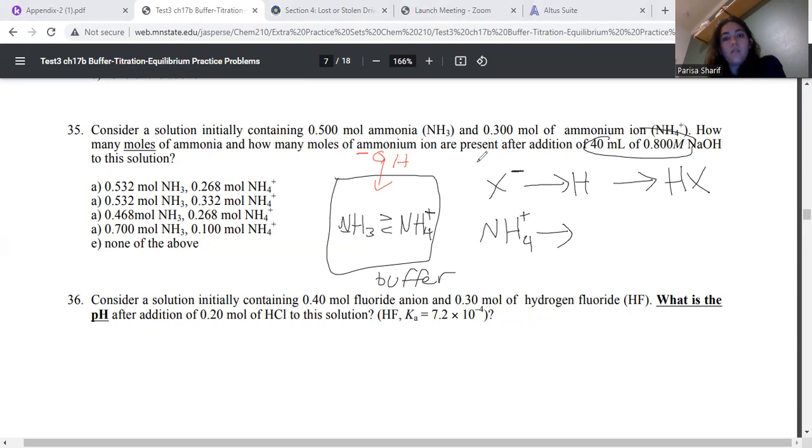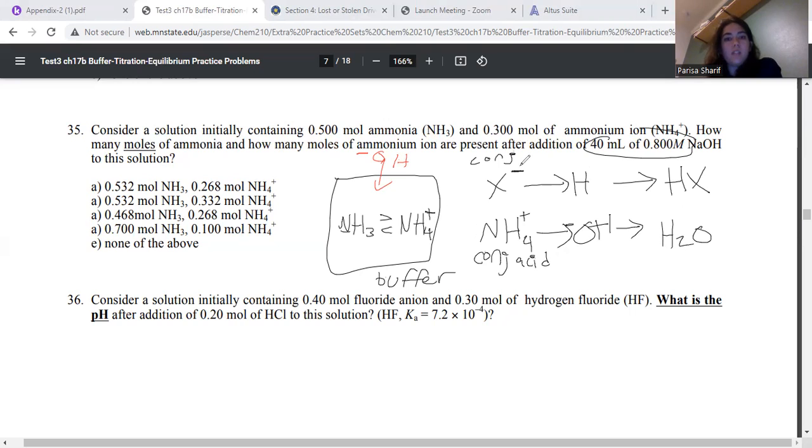So instead of the conjugate base, it's going to react with the conjugate acid, which is our ammonium, right? Because if you look at this buffer, you have to figure out which one is the acid, which one's the base. Well, the one that has extra protons should be the acid. So what's going to happen is the base here, the OH minus, is going to take the hydrogen from this guy and become H2O, right?